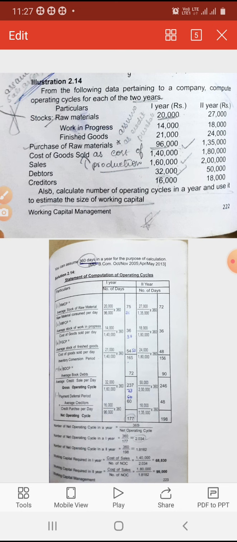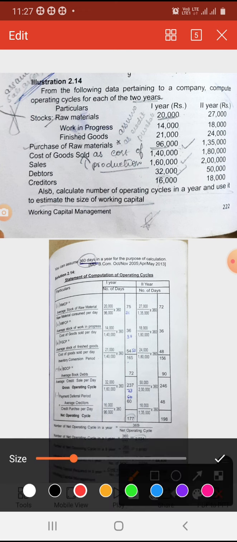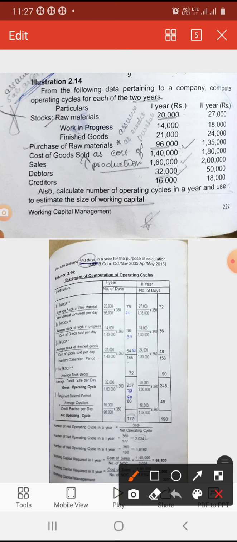Now the next step is to calculate the number of net operating cycles in a year. 365 you will not take; you will take 360 divided by net operating cycle, which is 177 and 198.